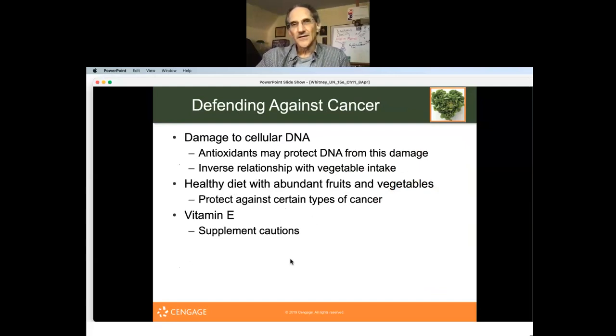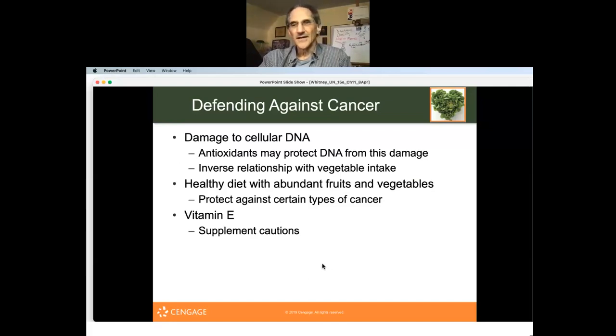One of the chronic diseases attributed to excessive oxidative damage is cancer, as cells get damaged, or DNA damage could lead to progression of certain types of cancers. A healthy diet includes these precursors for our antioxidants.